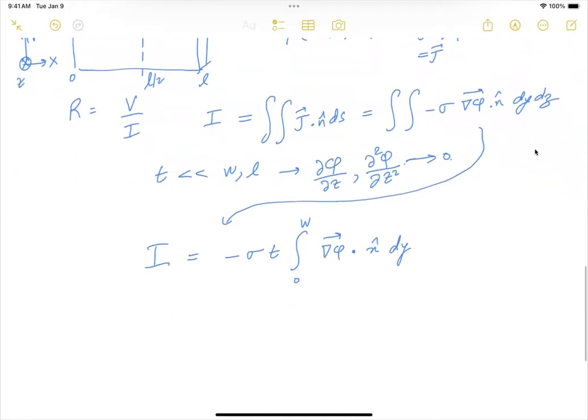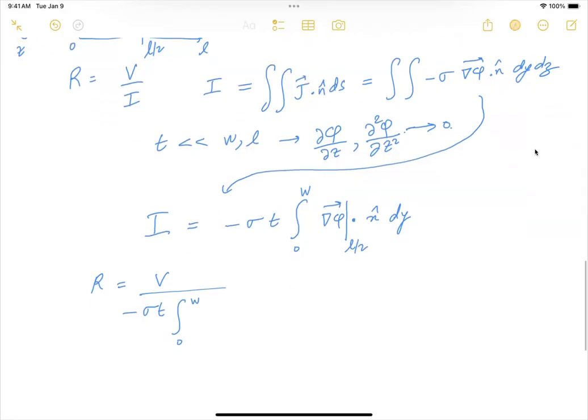So now the resistance is just going to be V over I. So it's V over this expression, which is minus sigma T integral from 0 to W of the gradient of phi, and remember that this gradient of phi is evaluated at the location L over 2, dot x cap dy.